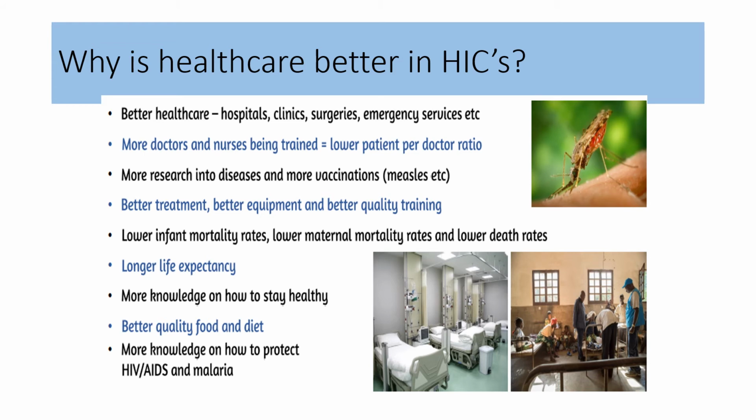You're educated on it. You're encouraged to be healthy. We have very good quality food and better diets. You get to eat a huge variety of foodstuffs because we import so much, and many of us will have a lot of meat and proteins in our diets. And we have knowledge on how to prevent things like HIV, AIDS and malaria. So generally we have much better healthcare in high-income countries.